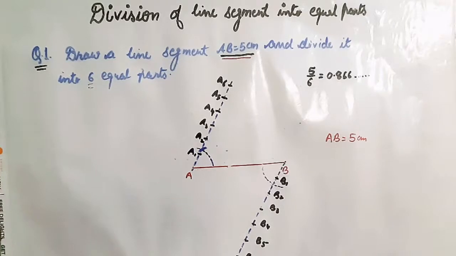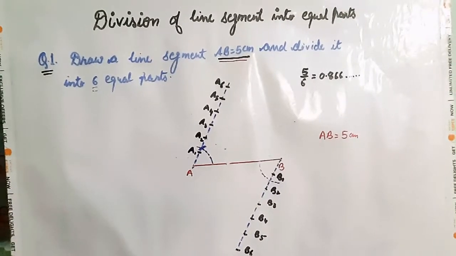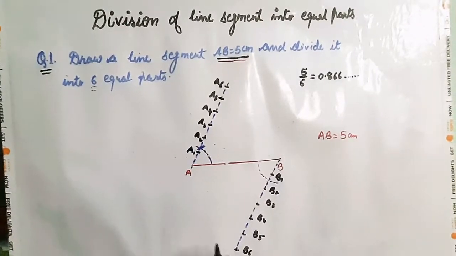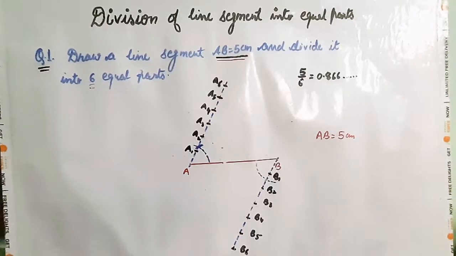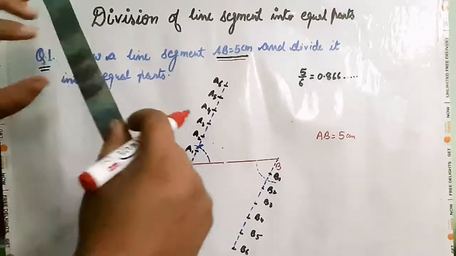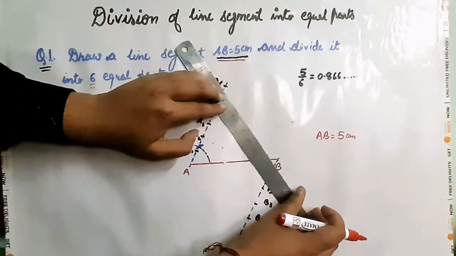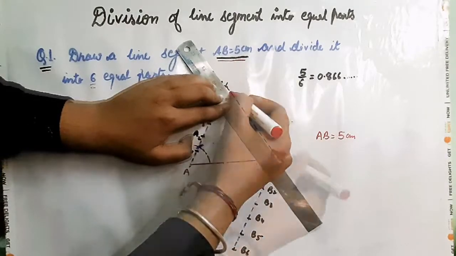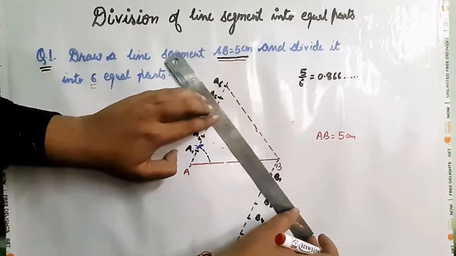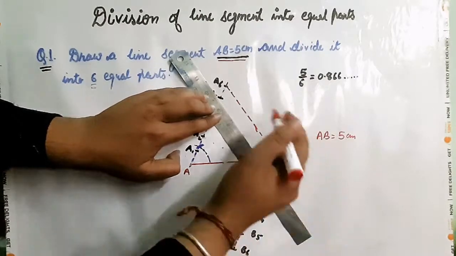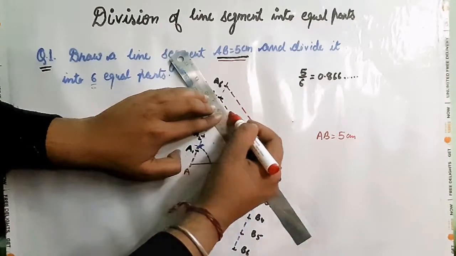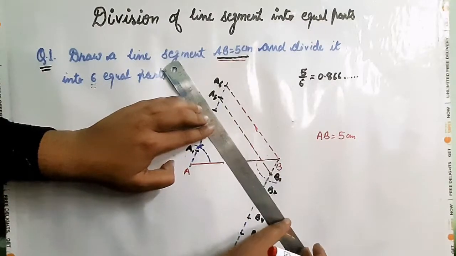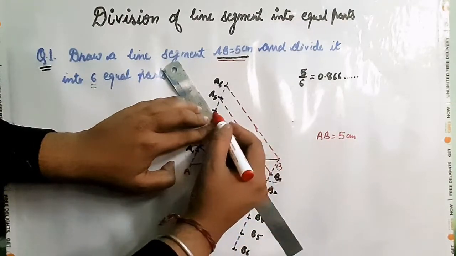Now you have to join them in an order. How? Let us see. First of all, join A6 to B. Then A5 to B1. Then A4 to B2.